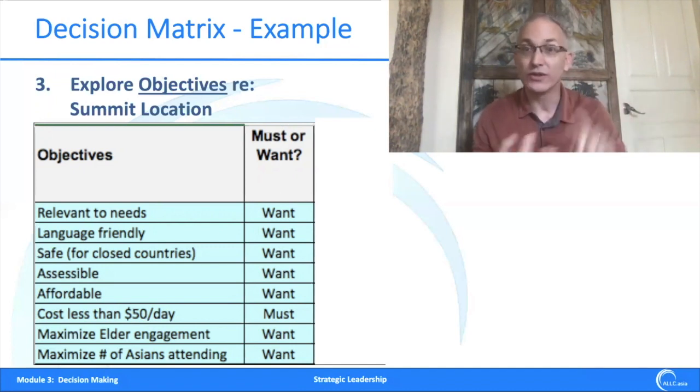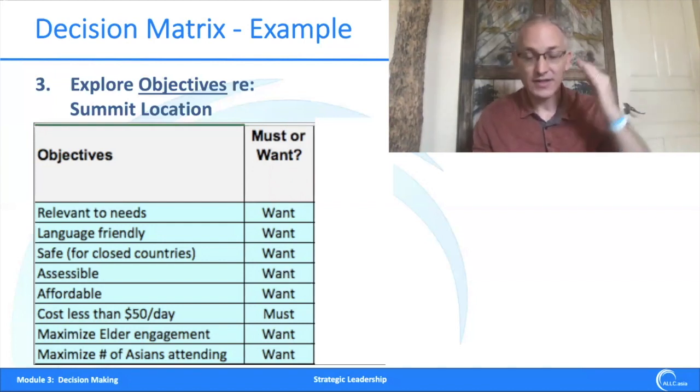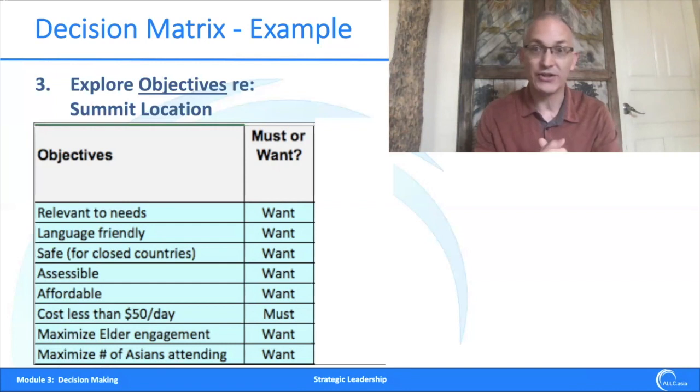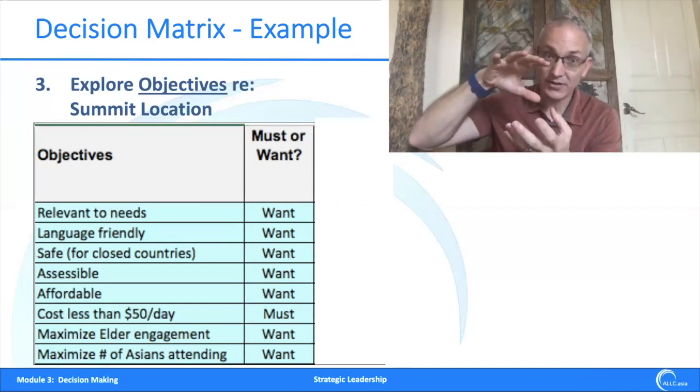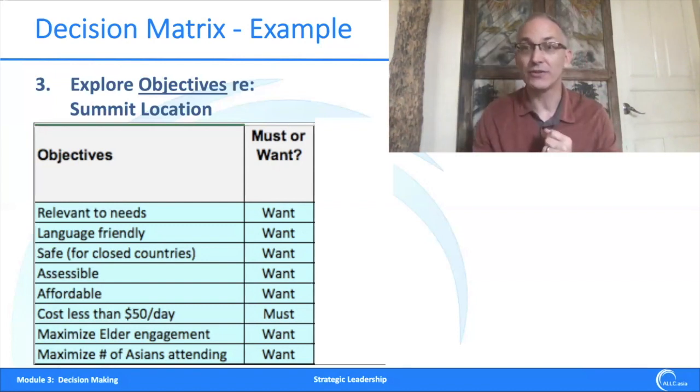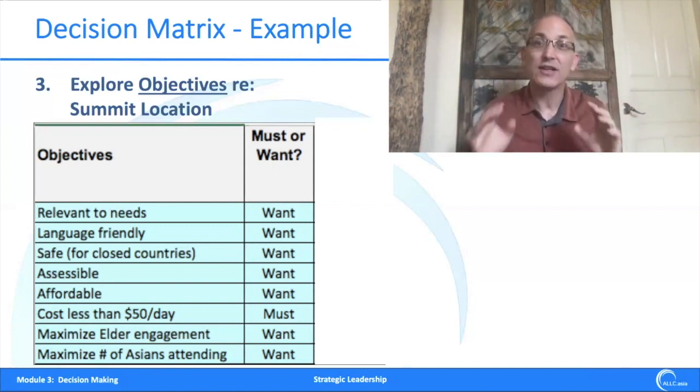If it doesn't, we will not even consider that option of the location or the hotel or whatever. So it's a must. We are setting an absolute limit that we won't budge on, right? And it's a measurable limit and it's realistic. And if we're willing to set a limit on something and say it absolutely must fall in these boundaries, then we can call it a must if we want to, all right? But everything else is a want.